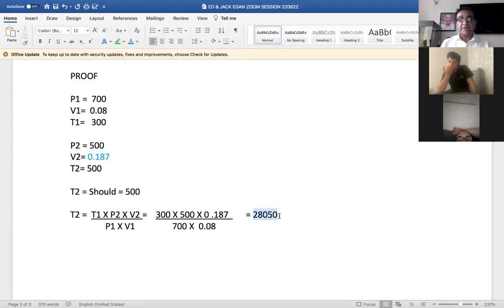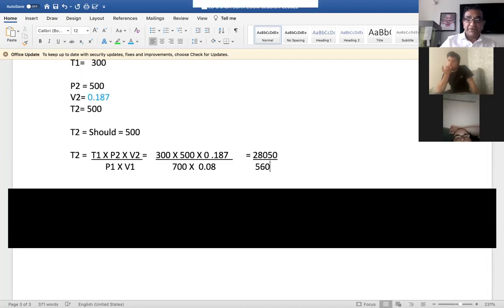Now we're going to divide that by 700 times 0.08. So 700 times 0.08 equals 560.